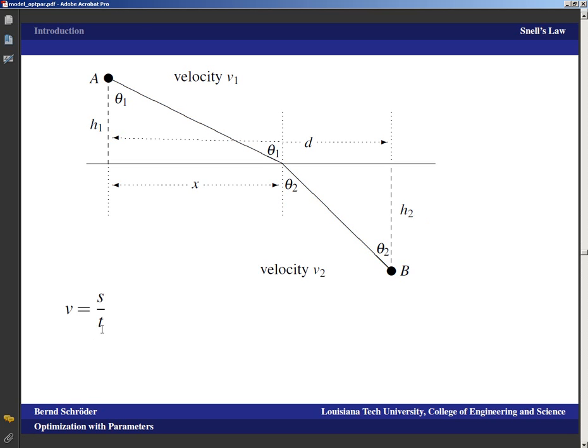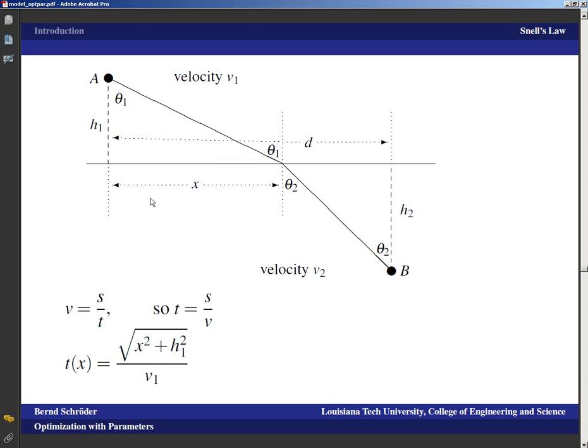And that's what we're going to do now, because remember, the only thing that I ever will know about velocity is distance over time. Now what we want to analyze is time, and so we solve for t. We get that time is distance divided by velocity. And so now we can work out the travel time here. And the travel time, depending on where this point where we change from one medium into the other is, will be the distance traveled in the first medium divided by the velocity in the first medium.